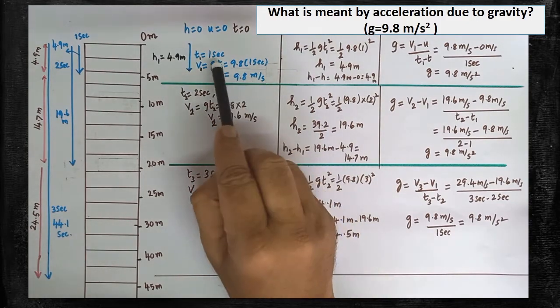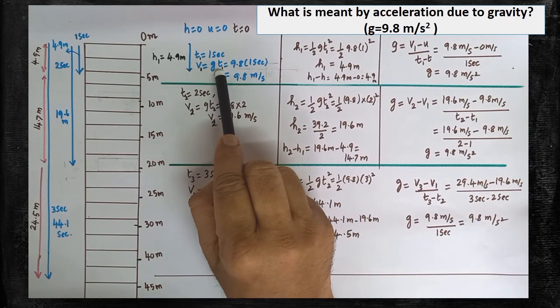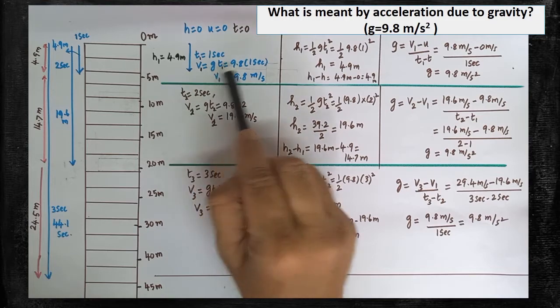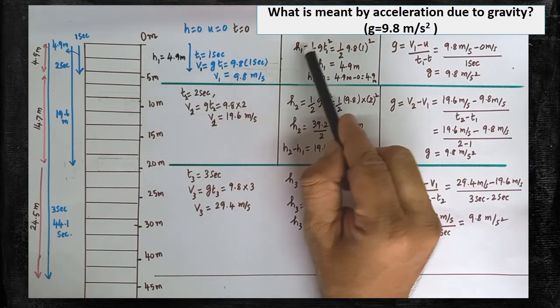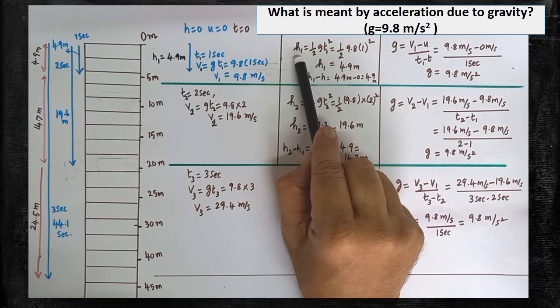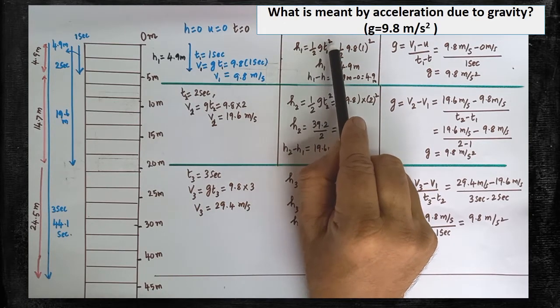Here, two formulas are introduced. v is equal to gt. That is to be used to calculate the velocity of the free falling body. And you can measure the height of fall. That height of fall can be calculated by h is equal to half gt square.